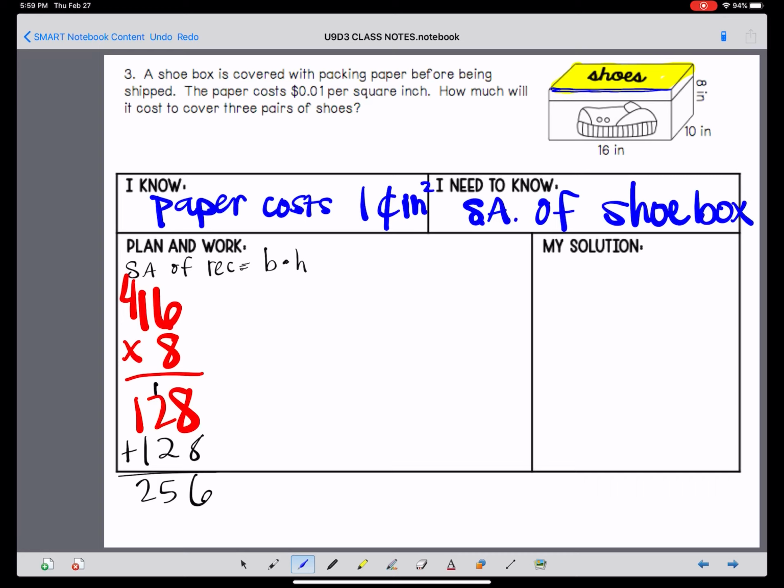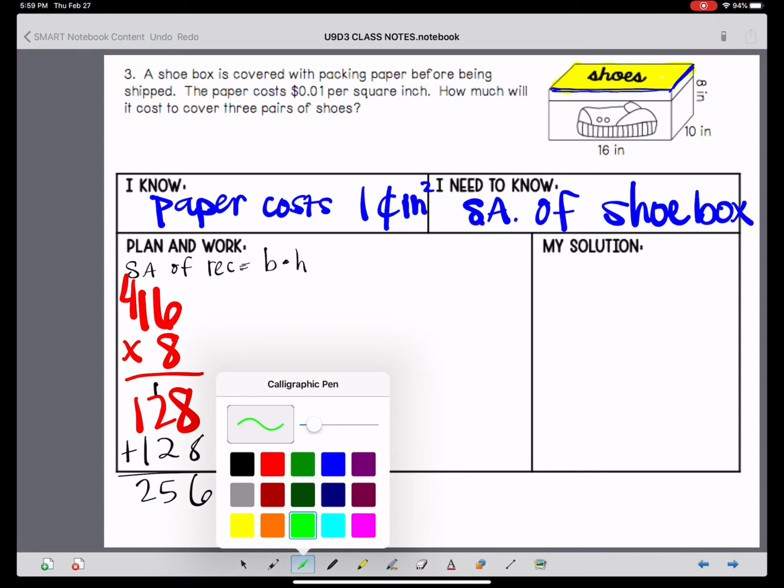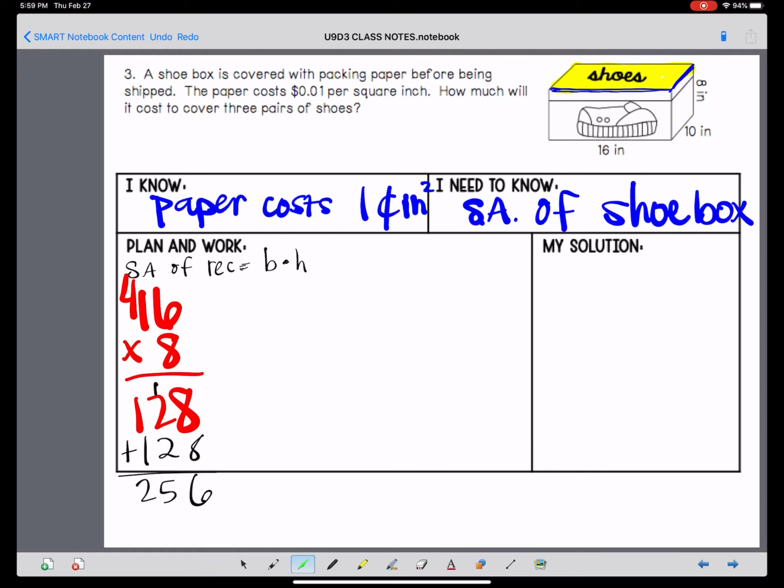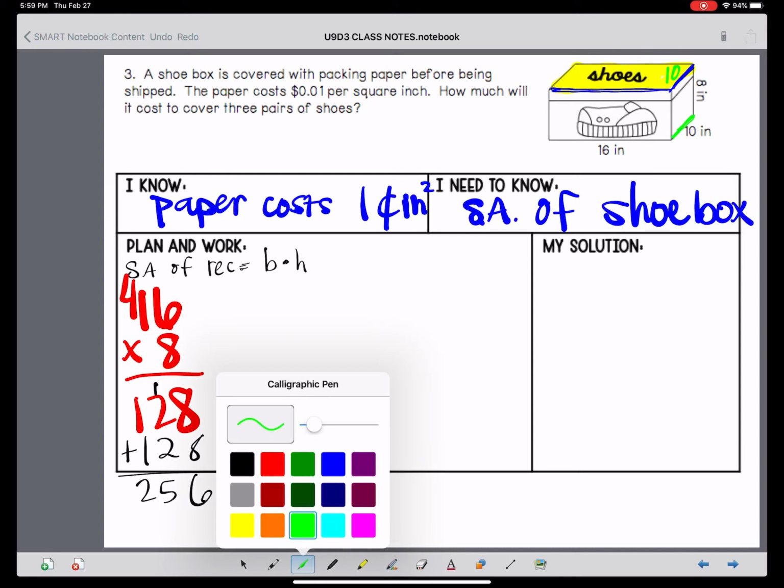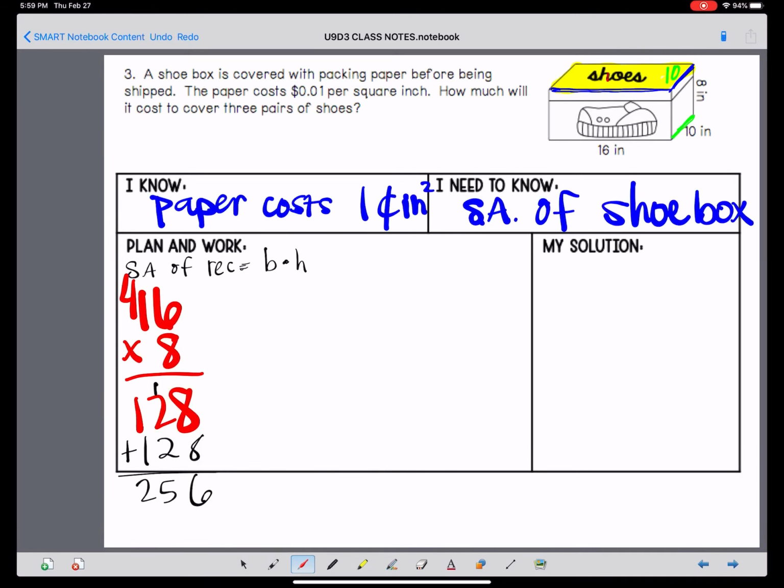And my height is 10. How did I get 10? That is the big question. How did I know that this side right here was 10? Well, if I look directly below it, these two lines are parallel. The bottom line is 10, so I know the top line has to be 10. Let's do 16 times 10. Well, that gives us 160 for the top panel.